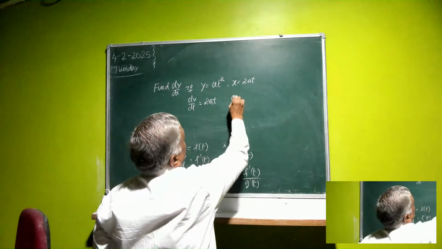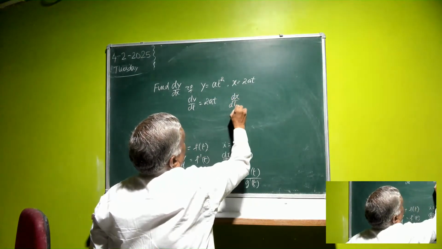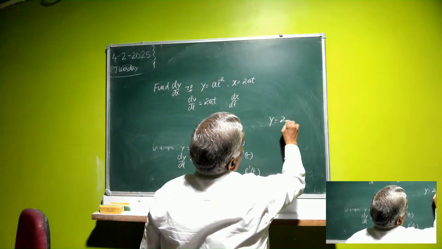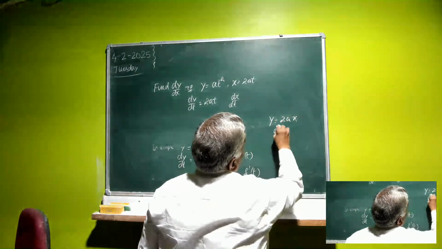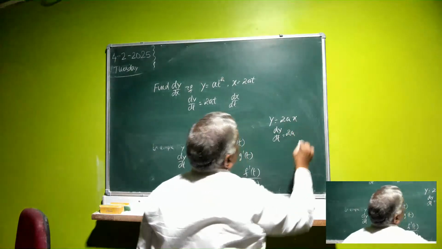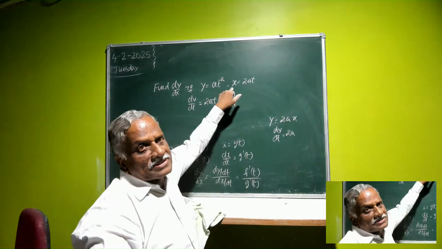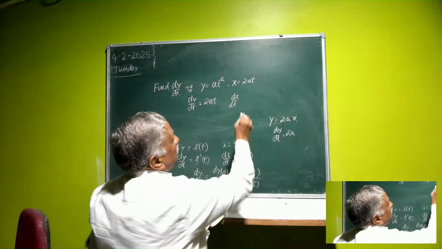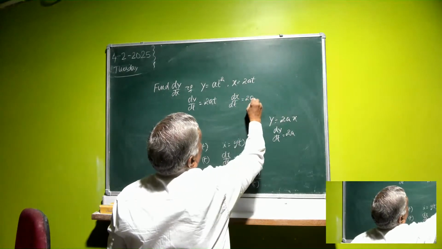Similarly, dx by dt. Supposing you have got y is equal to 2a x, I would have written dy by dx is equal to 2a, a is a constant, x is 1. Same thing, only difference is in place of y you have got x and in place of x you have got t. Therefore, this is 2a, t is 1.